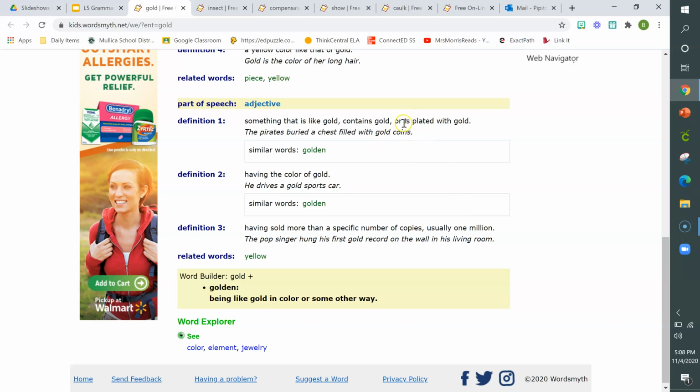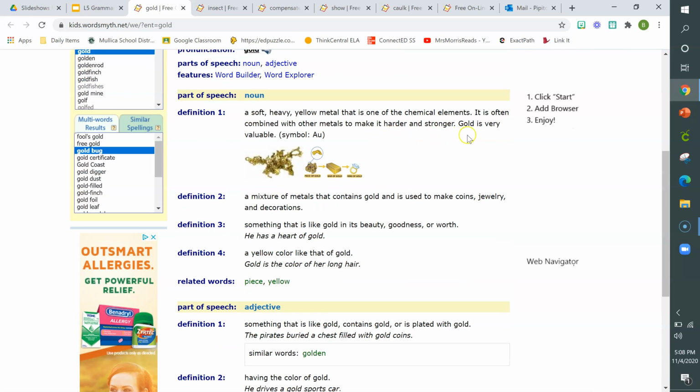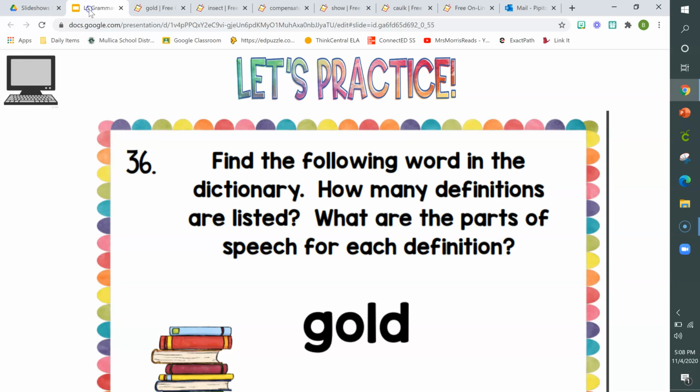Here, the coins are being described as gold. In the first sentence, we were just describing that gold, the thing in general, is valuable. Using parts of speech in the dictionary entries can help us use the word correctly.